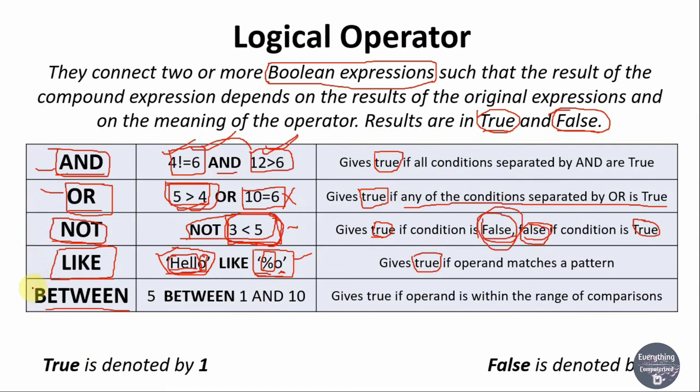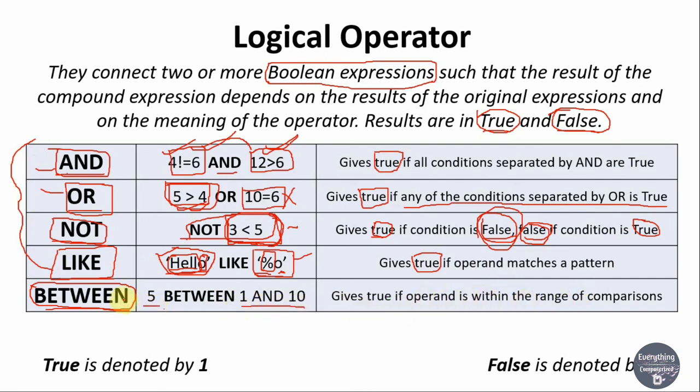Let's now move on to our last but not the least logical operator, that is the between operator. This is also an important SQL operator and it has a bit different operation as compared to the other logical operators that we have studied till now. The between operator checks for an operand to be present between a range of given values.